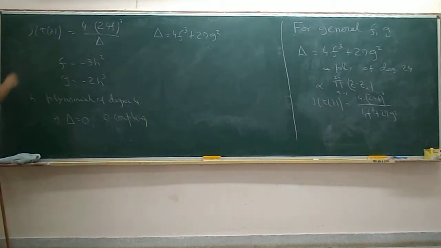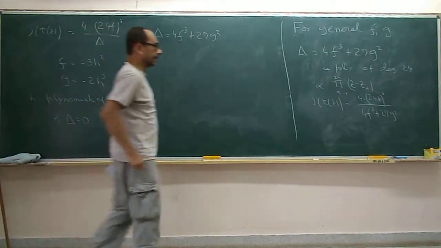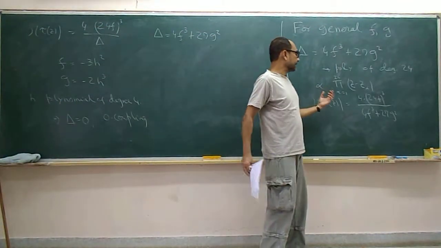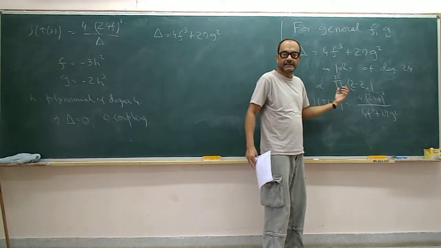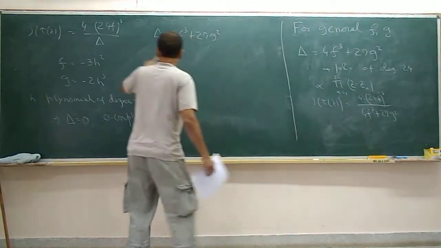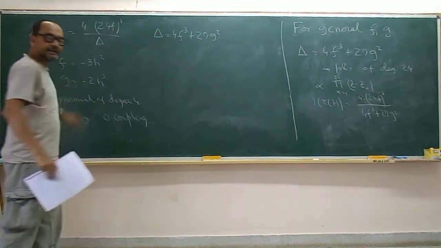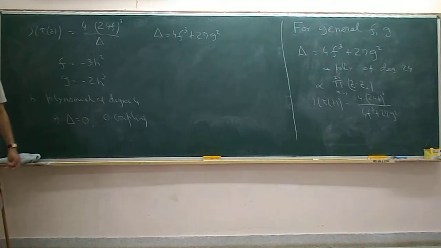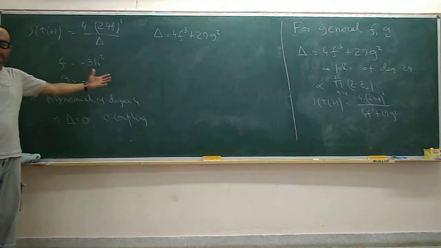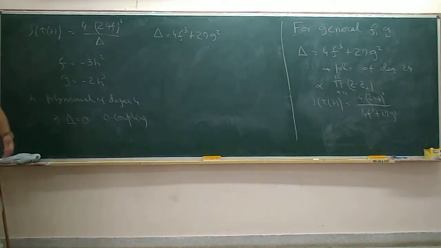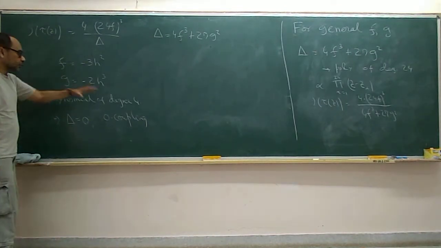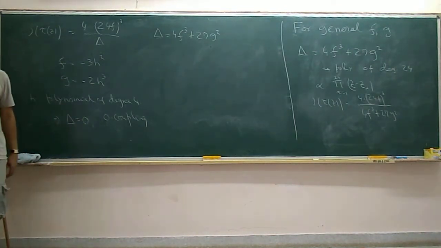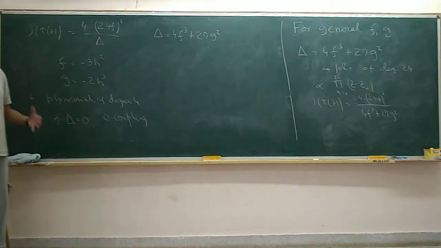This in a sense is a special case of what we did earlier, except that the A and B coefficients we also adjusted appropriately to be this minus 3 and minus 2. Otherwise this is a special case of what we did earlier, a product proportional to Z minus Z. Of course, you don't want that 0 coupling. We want weak coupling.